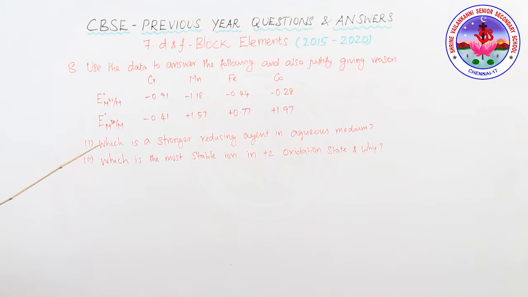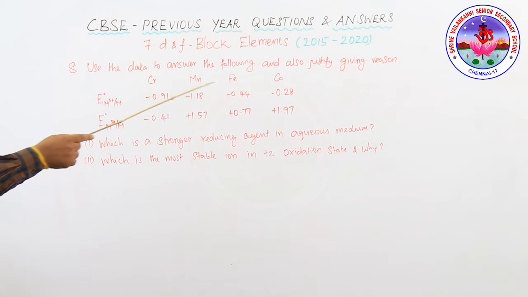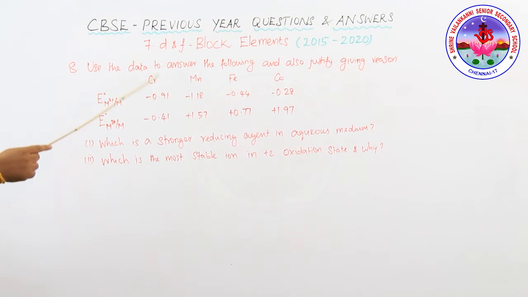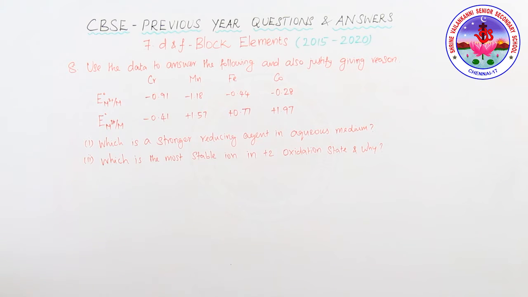You have to answer which element is a stronger reducing agent in aqueous medium. Here chromium, manganese, iron and cobalt are given. The stronger reducing agent in aqueous medium is chromium. Why?